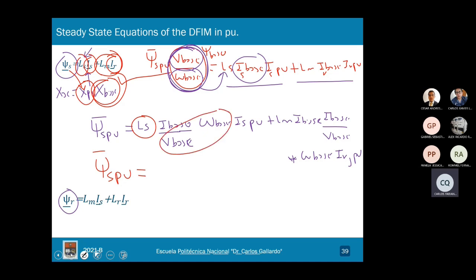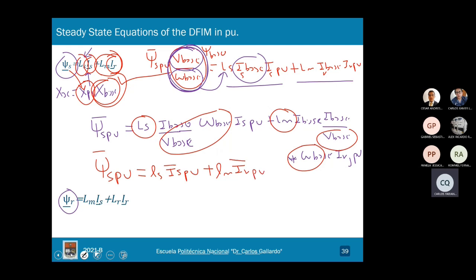Therefore I have the per unit value: the stator inductance times the stator current in per unit, plus, once again, the magnetizing inductance. This is the inductance base. Therefore, I will have the magnetizing inductance times the per unit rotor current.